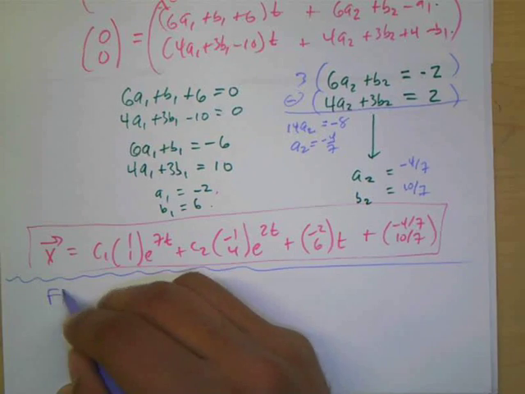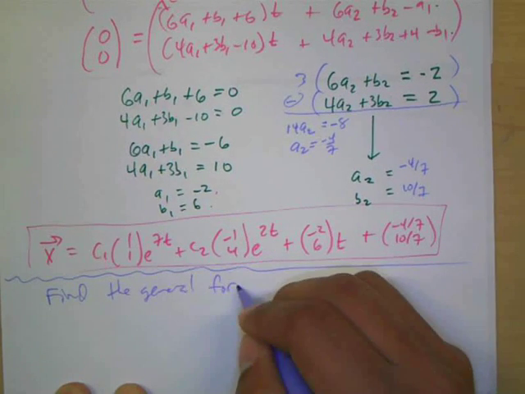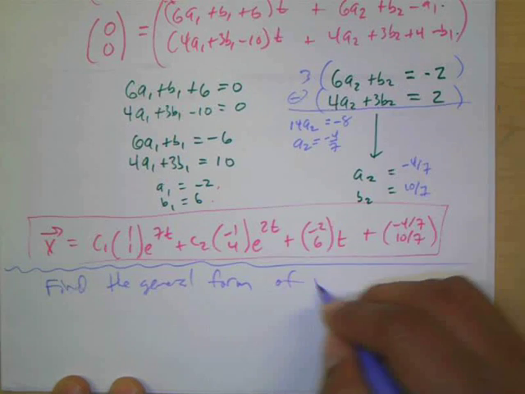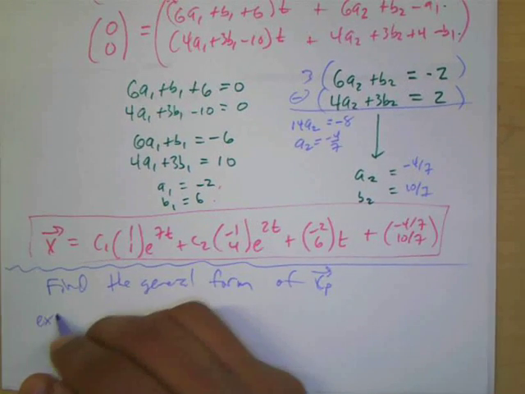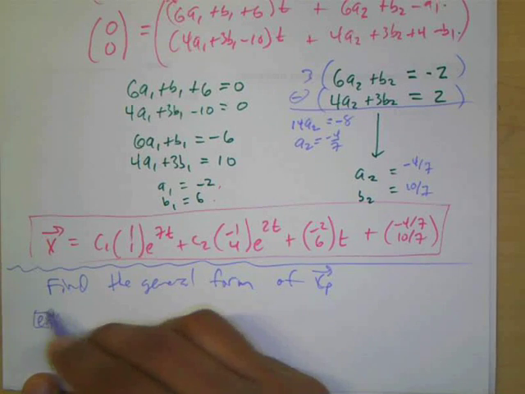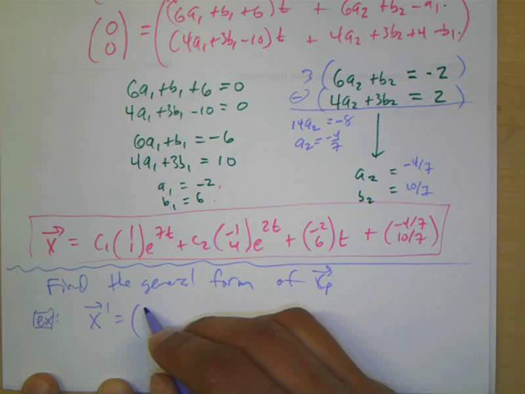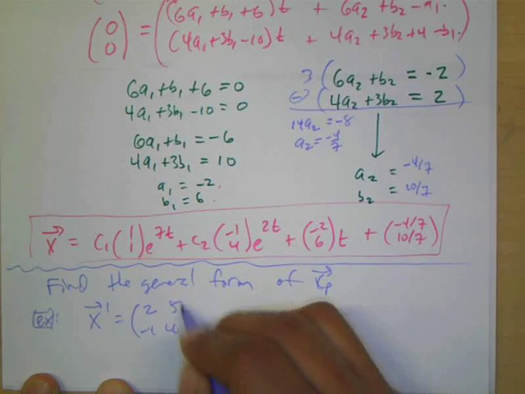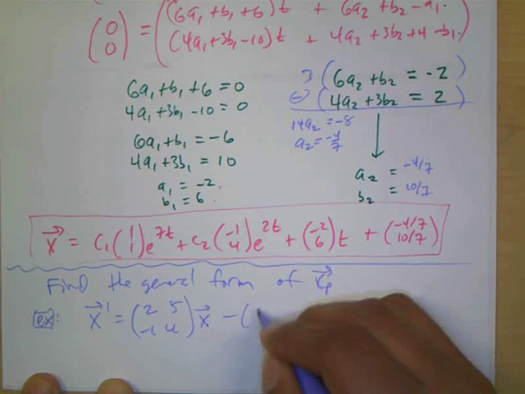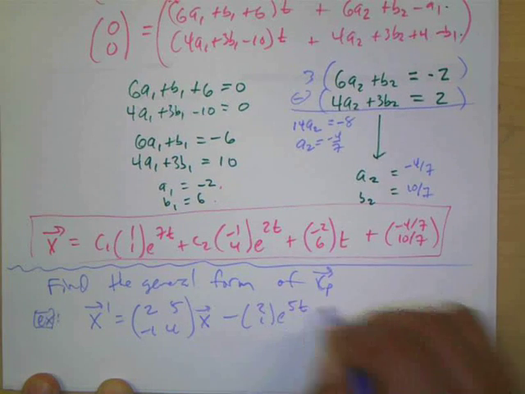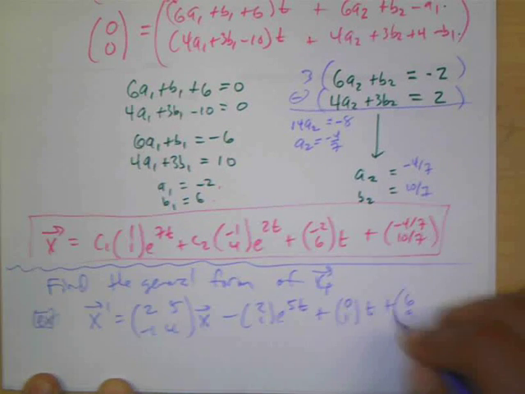Okay. Find the general form of the particular solution. This won't take us very long. So let's say we have x prime equals the matrix (2, 5; negative 1, 4) times x, minus (2, 1) e to the 5t plus (0, 1) t plus (6, 9).